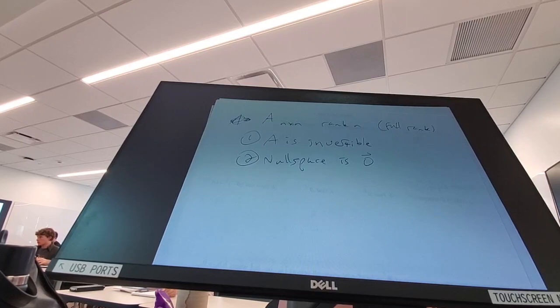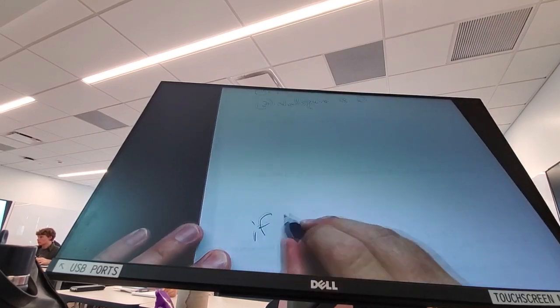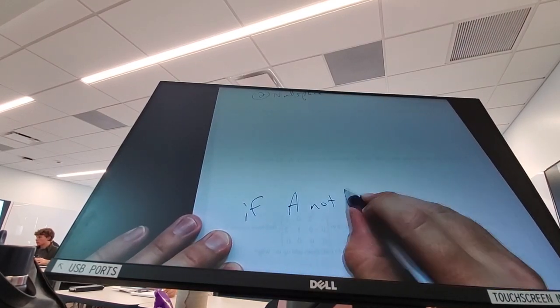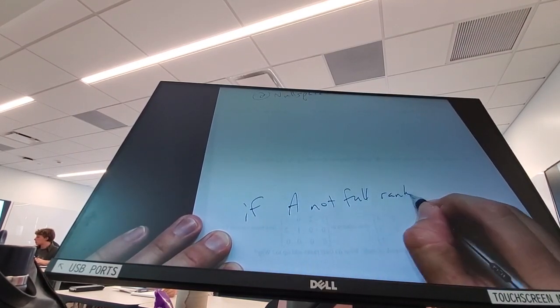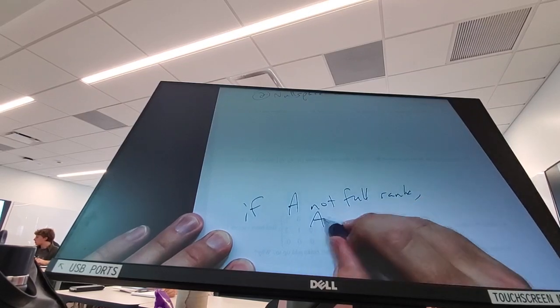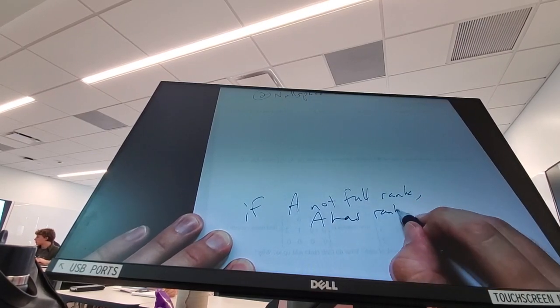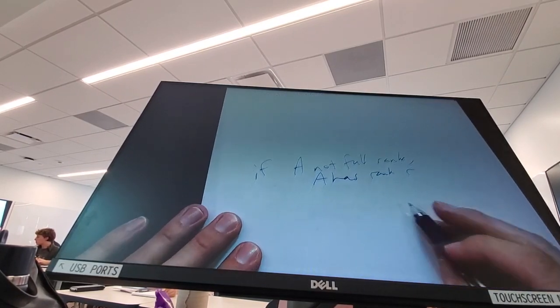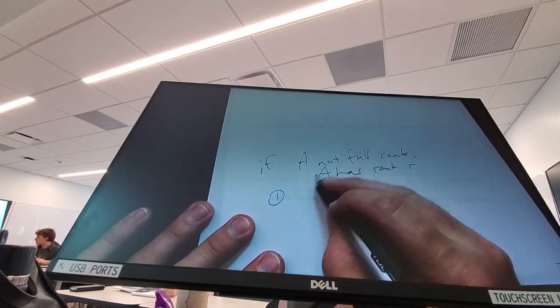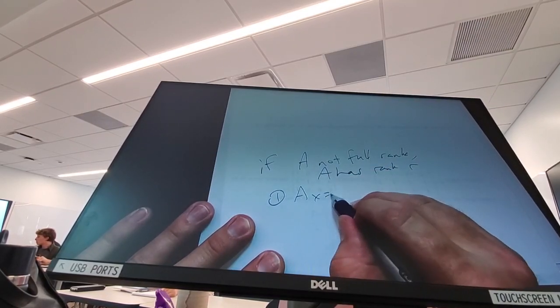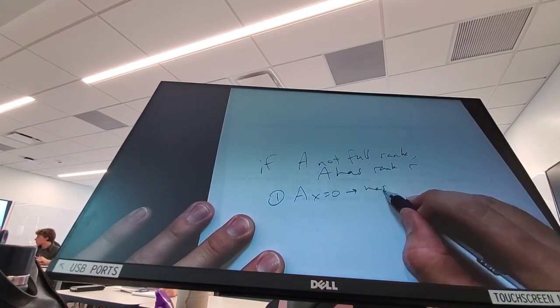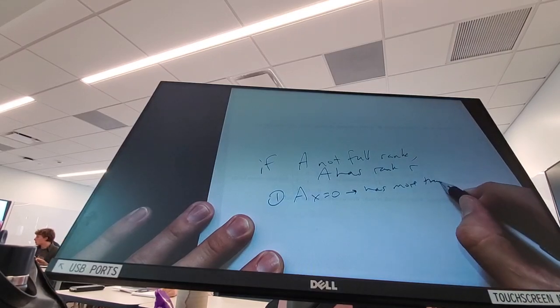Let me write this. If A is not full rank, let's say A has rank R, then AX equals 0 has more than one answer, in fact an infinite number of answers.